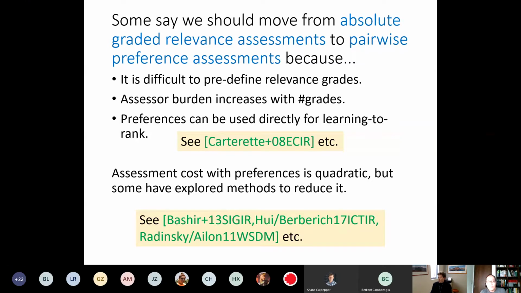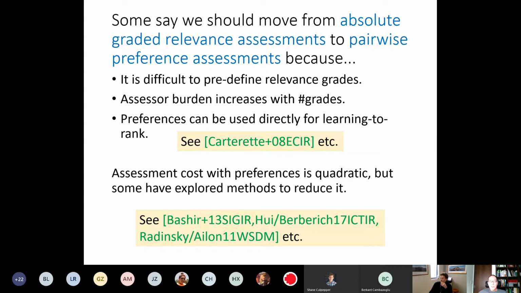For example, in Ben's paper from ECIR 2008, he argues that it's very difficult to define in advance what is highly relevant, what is relevant, and how many relevance levels there should be. And if you have many relevance grades, to judge a document, the burden on the assessor increases, and so on.